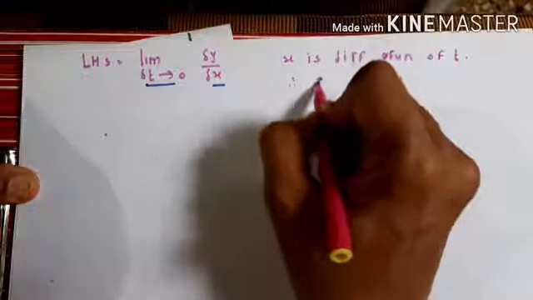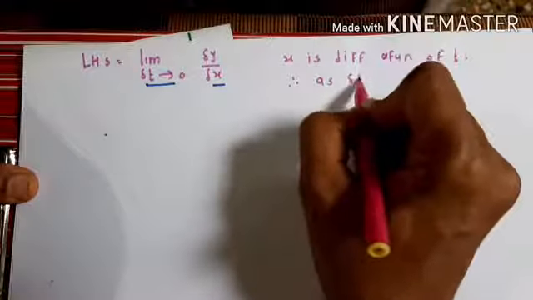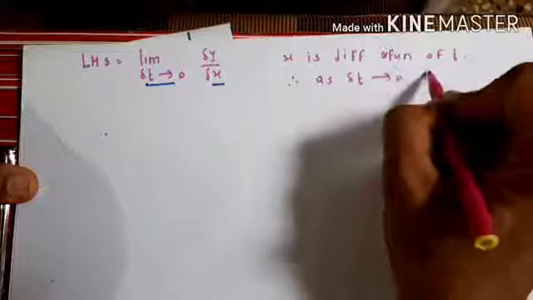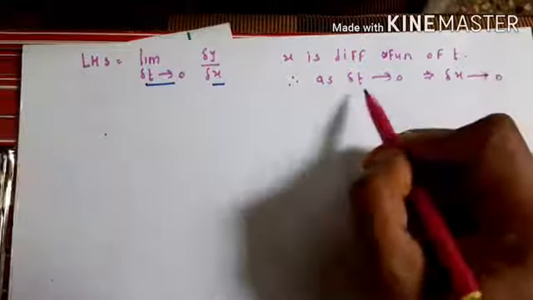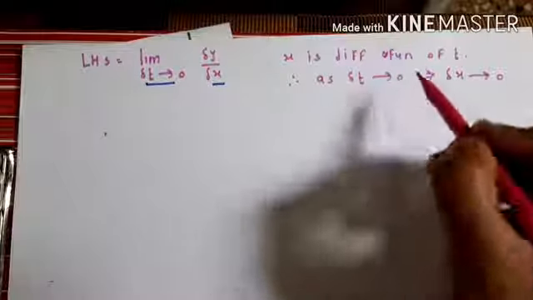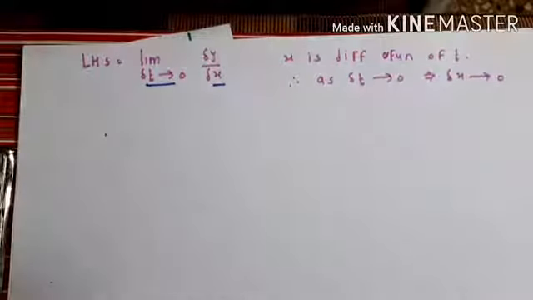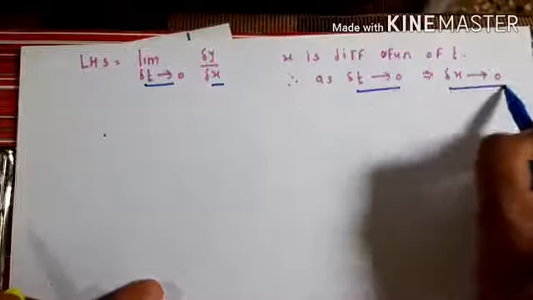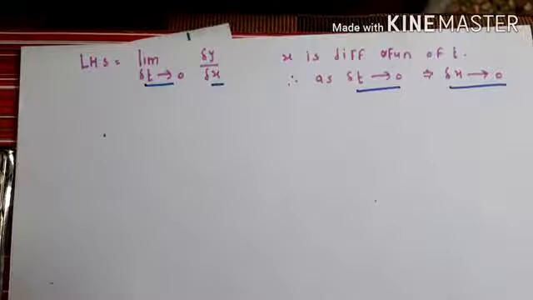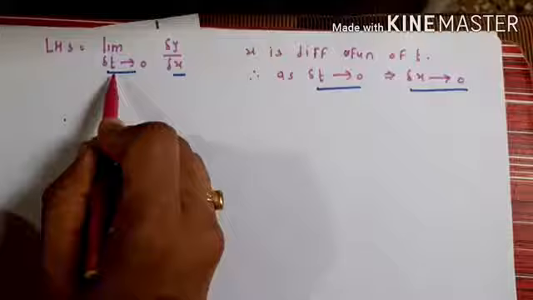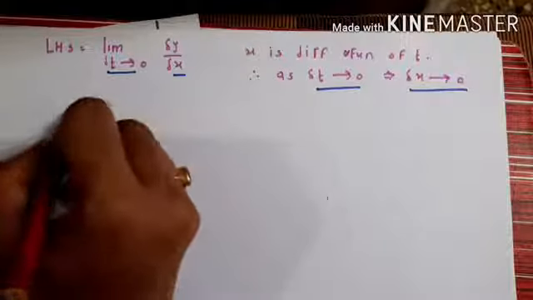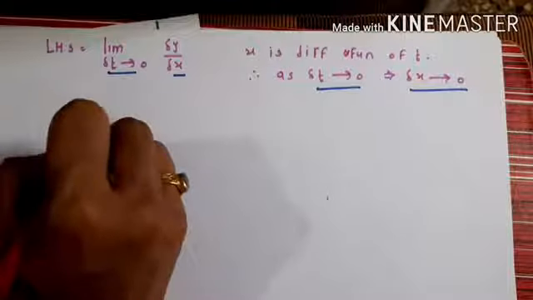And therefore as delta t tends to 0, this implies delta x also tends to 0. Means as delta t tends to 0, delta x tends to 0. By using this, we can change this limit. Therefore, now we can change the limit.